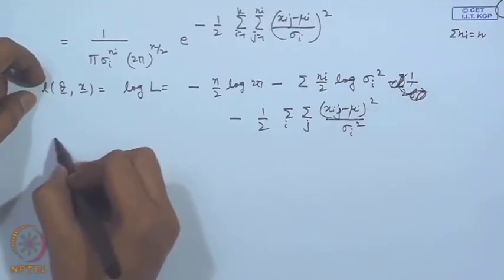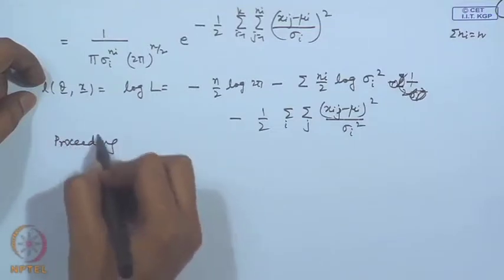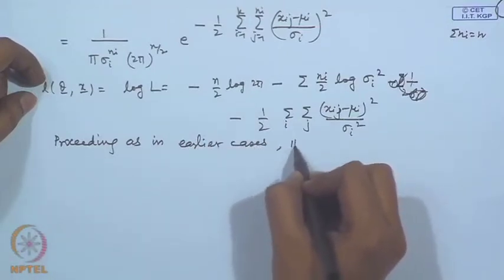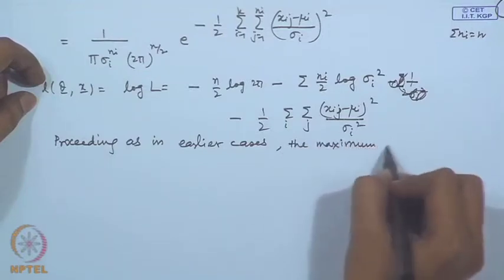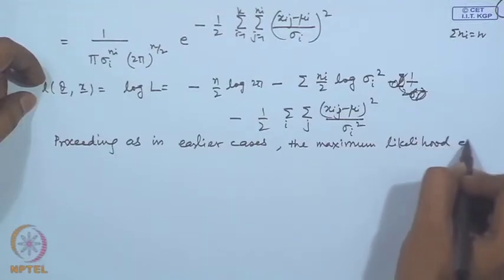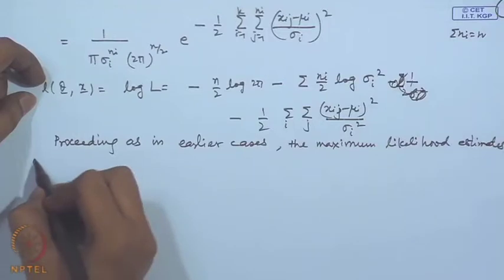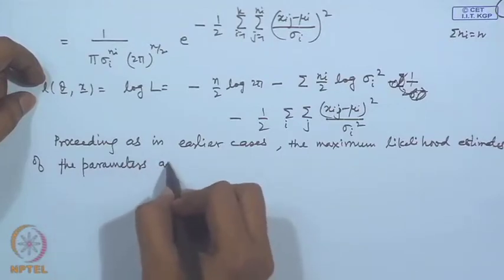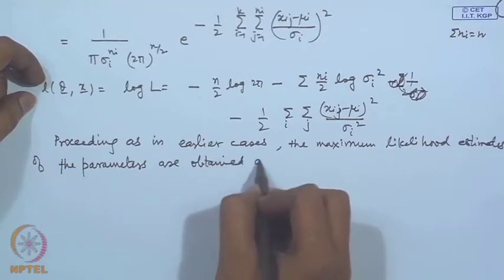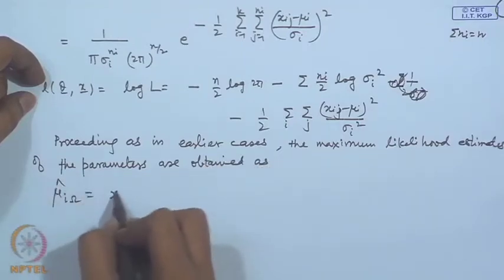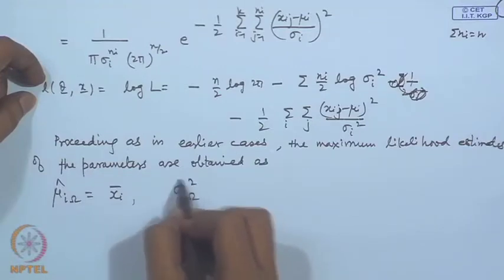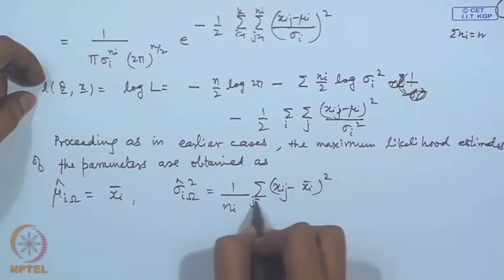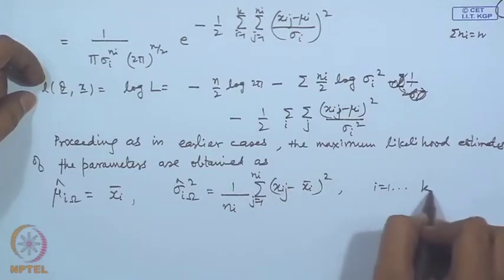So, proceeding as in earlier cases, the maximum likelihood estimates of the parameters: mu_i omega hat is equal to x_i bar and sigma_i omega hat square is equal to 1 by n_i sigma (x_ij minus x_i bar) square, j equal to 1 to n_i, i equal to 1 to k.